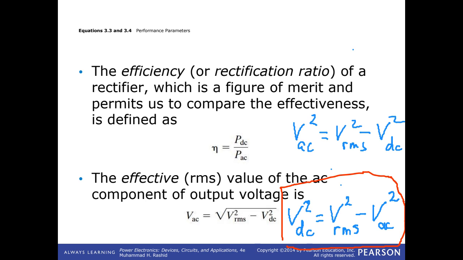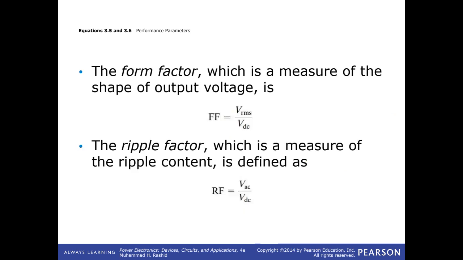Now for the DC part, RMS value over DC value is called form factor. The form factor here. And the AC over DC is a ripple factor.